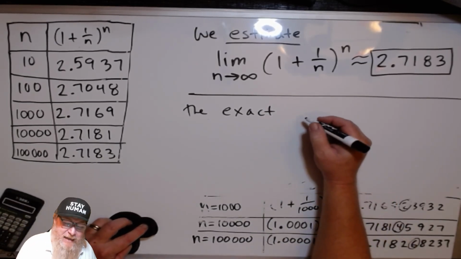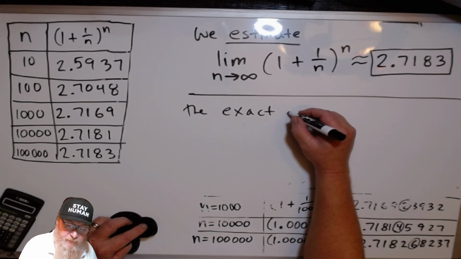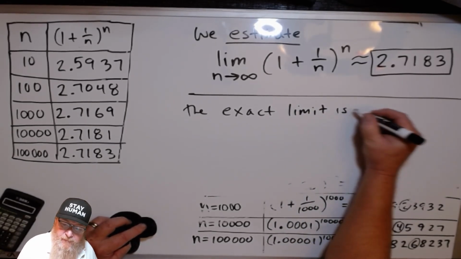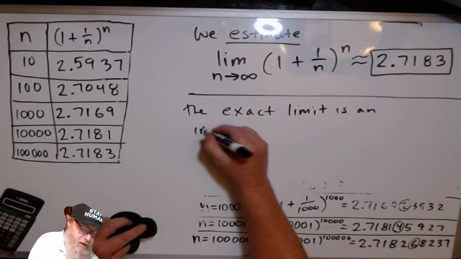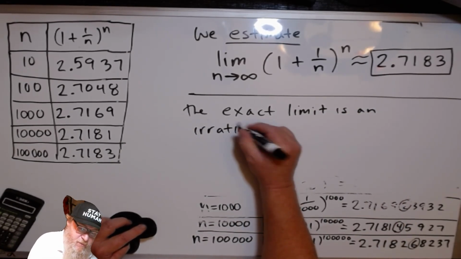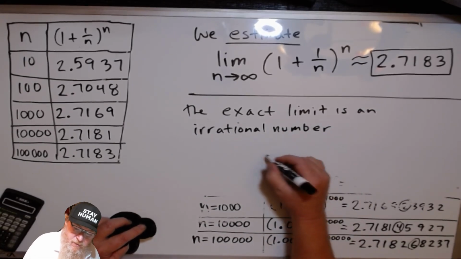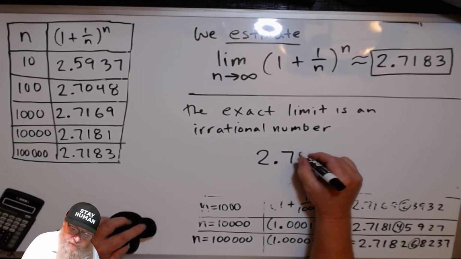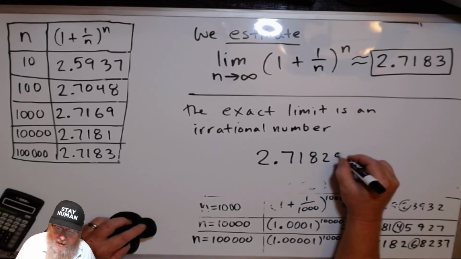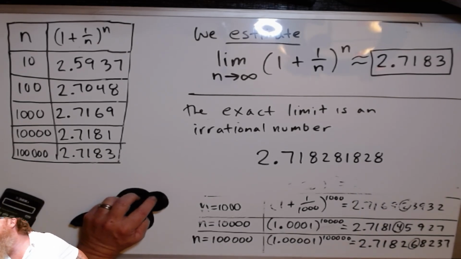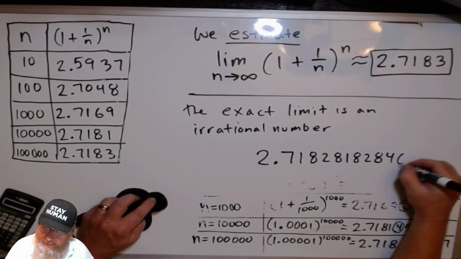The exact value is an irrational number. 2.718281828, that's as far as I know it, 46.